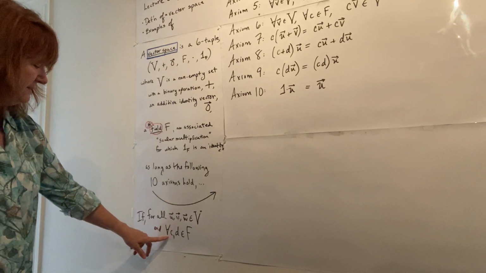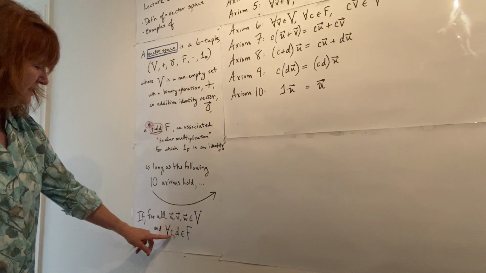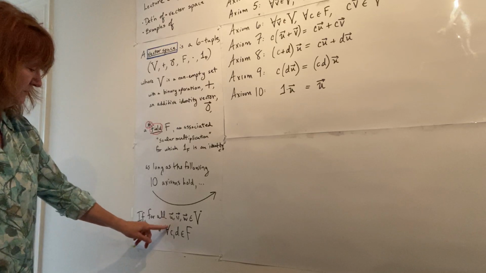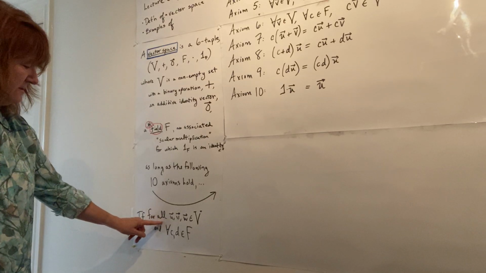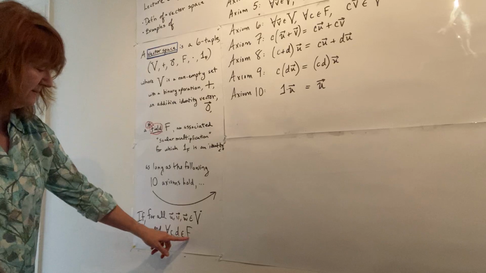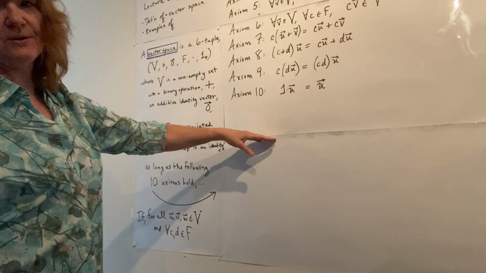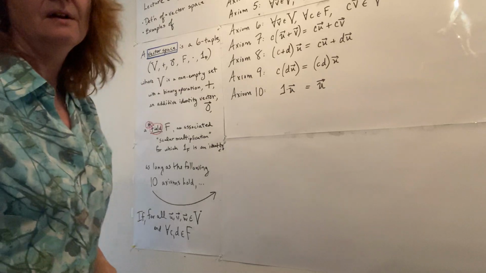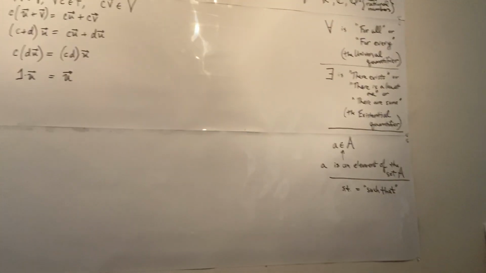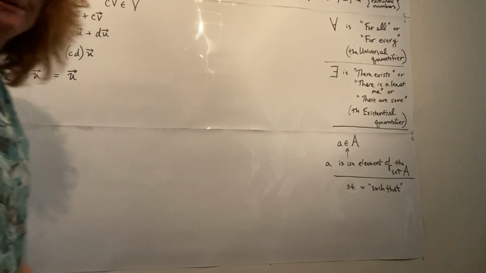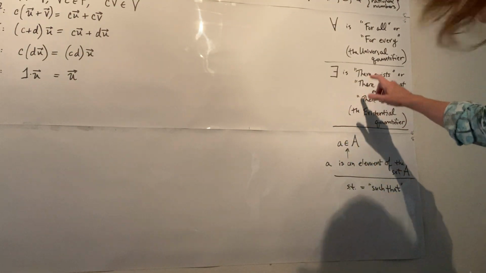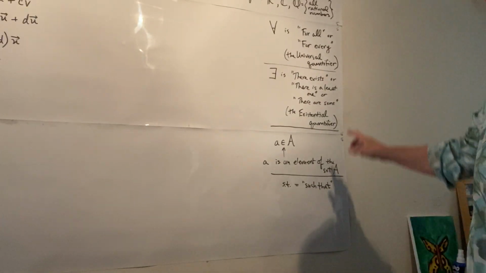And for all, that notation is a way of saying more quickly these 2 words. And for all C and D in scalars in the field, we have all these properties hold. Just to give you the heads up, that kind of notation is going to be used a lot in this class. So I just wanted to make sure that you had a resource for all those in a one-liner.